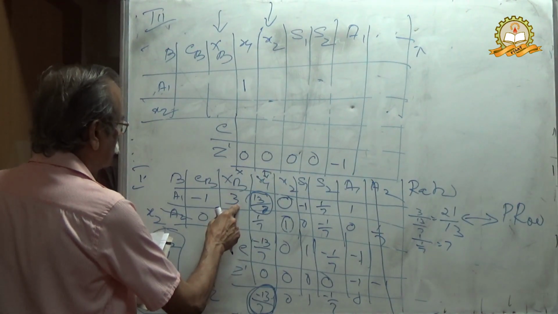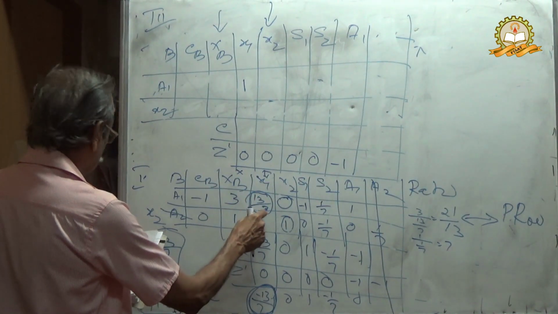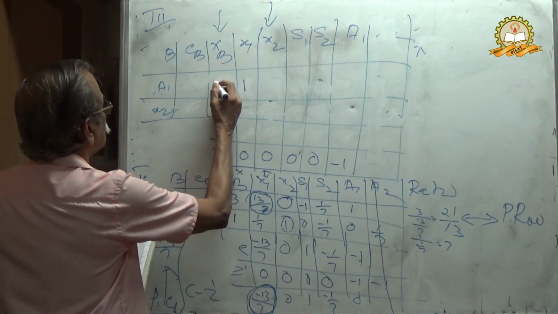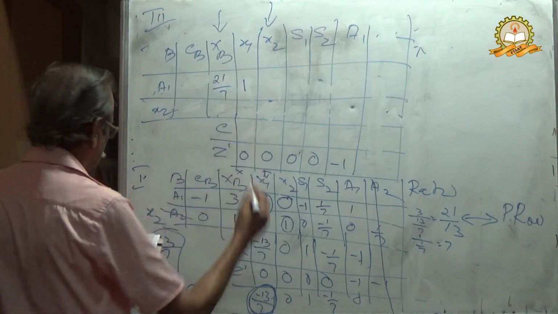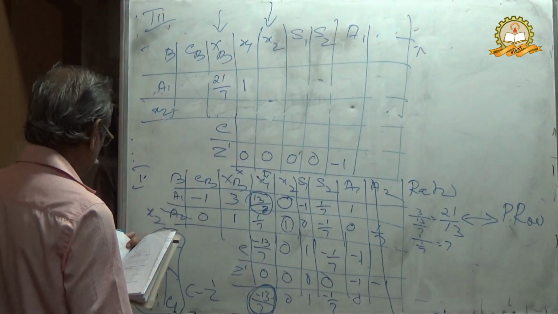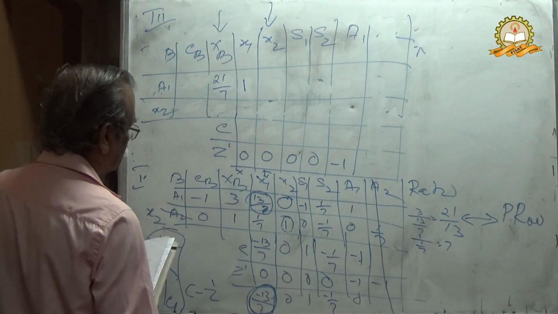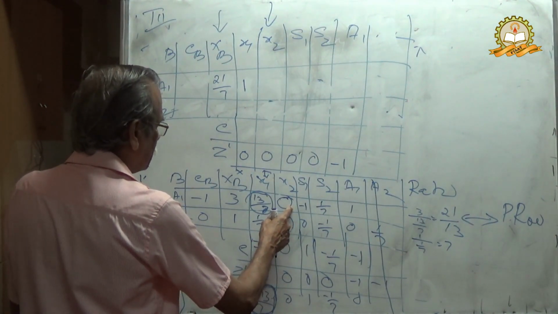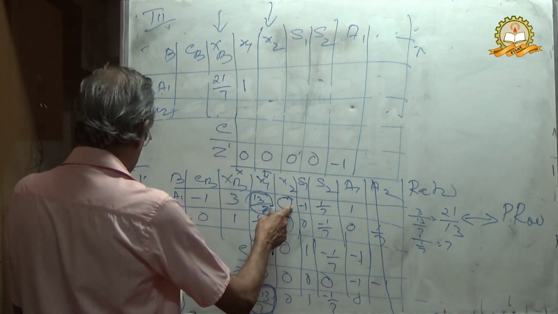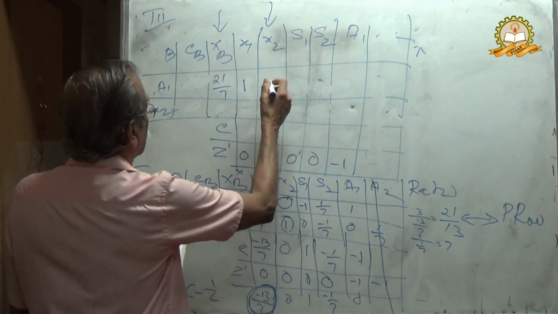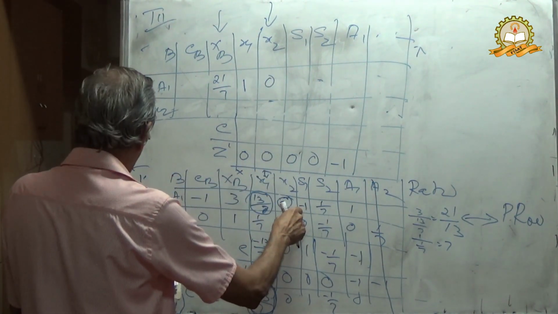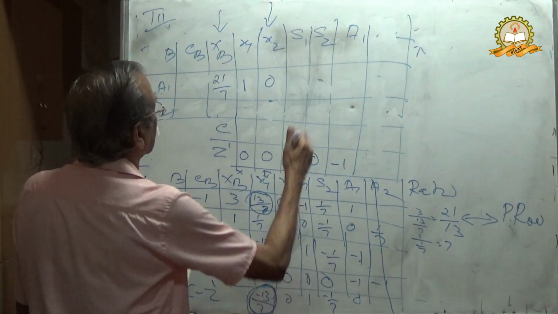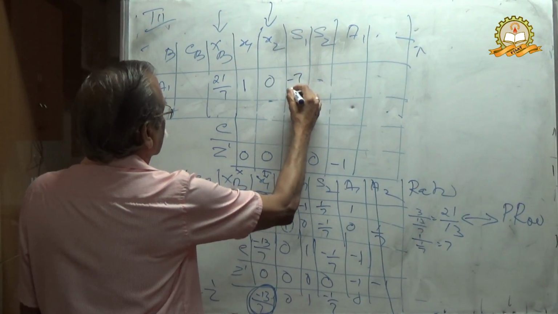Here it is 3 by 13 by 7, which is 21 by 13. Under X2 column, 0 by 13 by 7 is 0. Negative 1 by 13 by 7 gives minus 7 by 13.